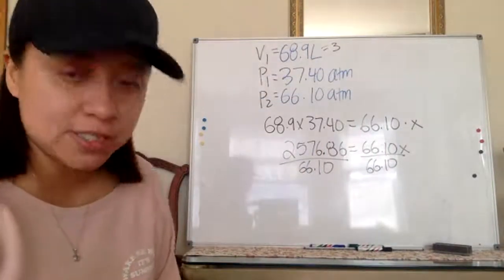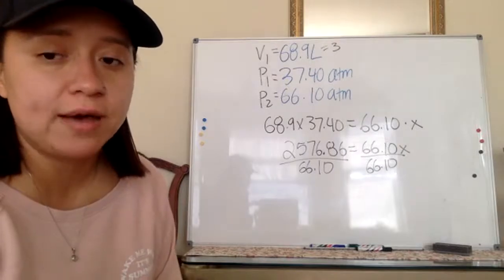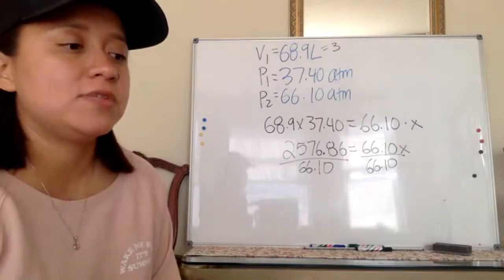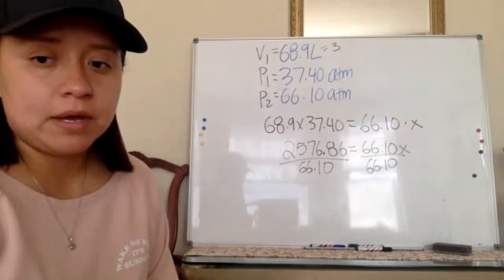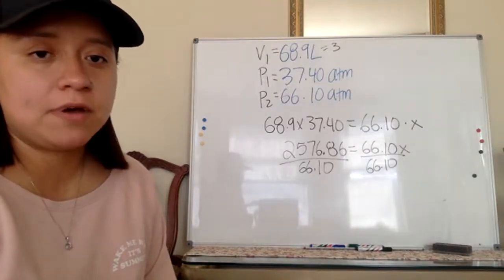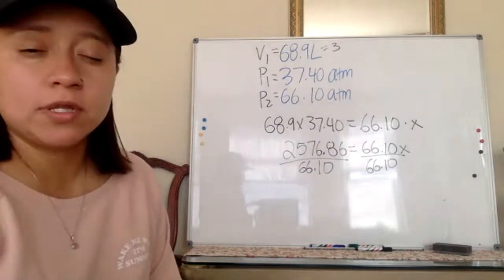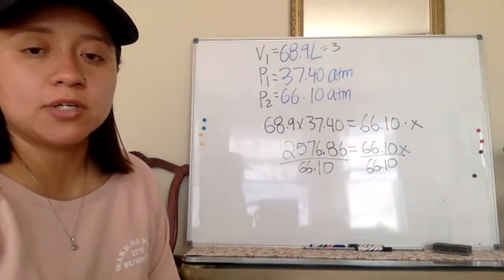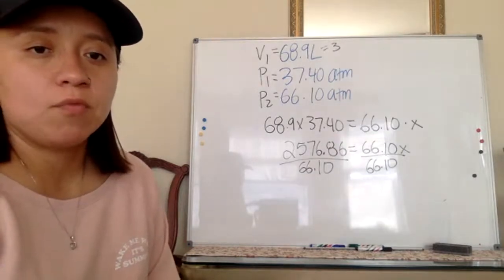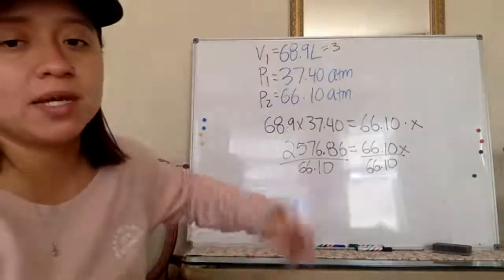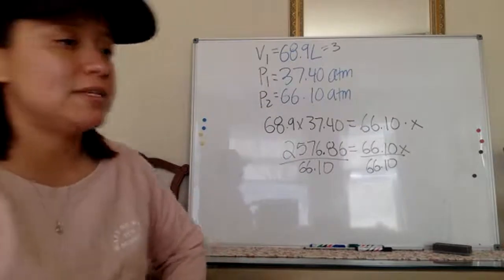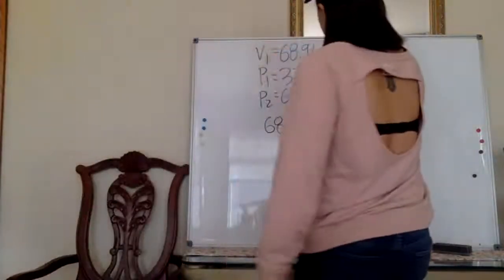How many sig figs do you see for those pressures? How many do you think the pressures have, guys? Remember, trailing zeros count because there's a decimal. So yes, these are 4 sig figs each.